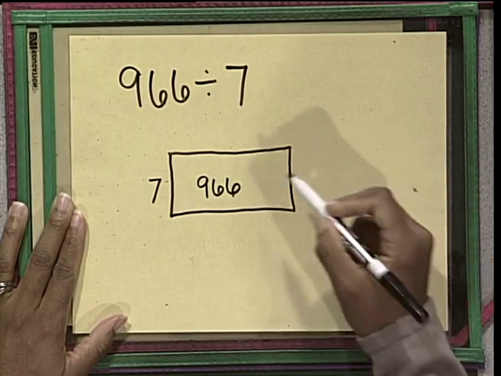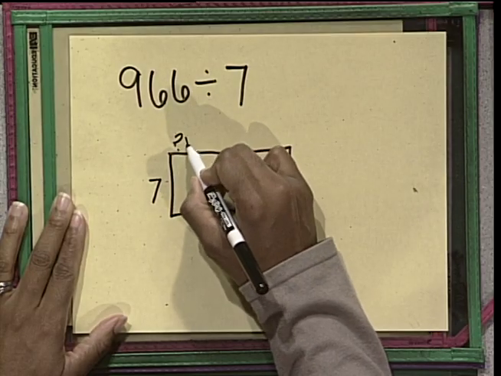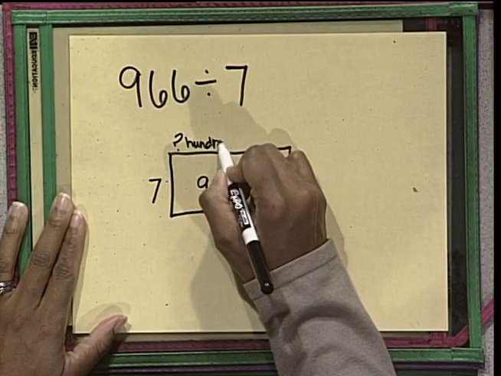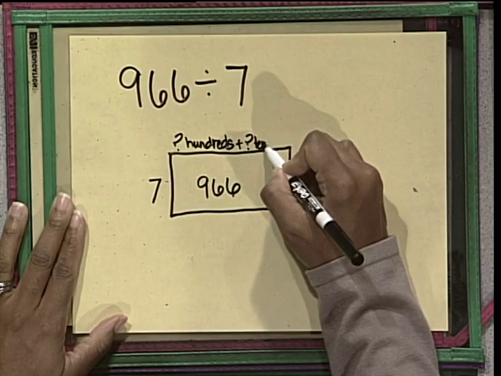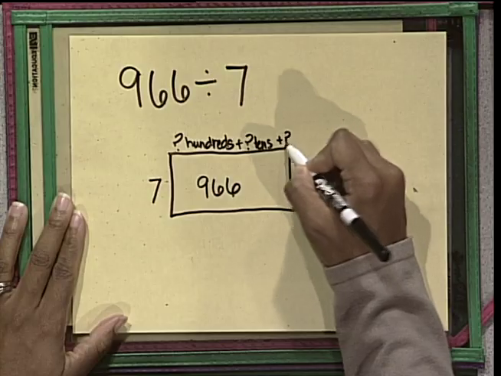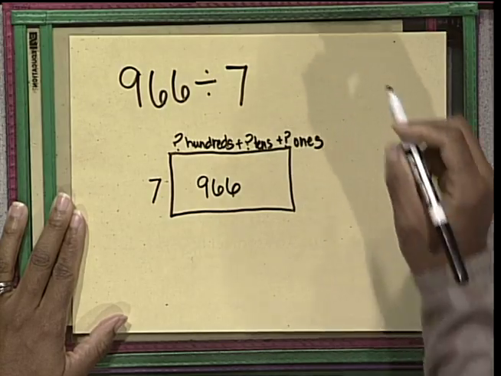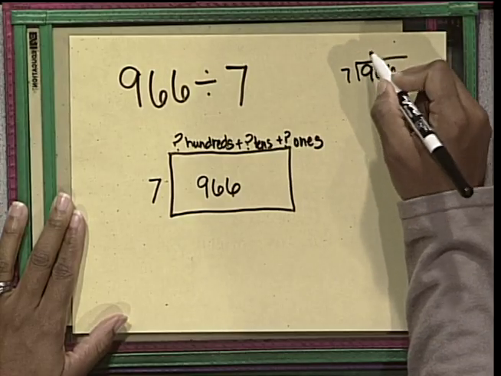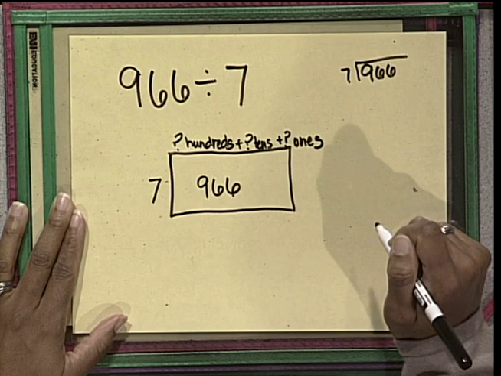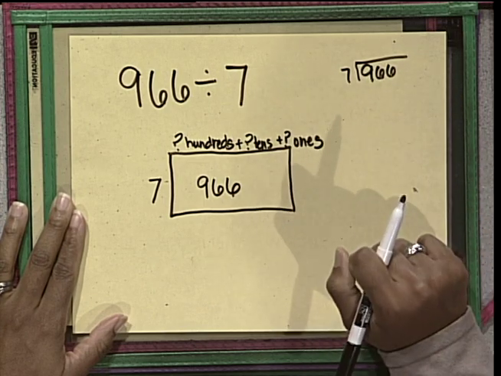What we're going to do is take that rectangle and break it up into the number of hundreds plus the number of tens plus the number of ones. So if you have trouble with the traditional algorithm where you do the subtract, bring down, I'm going to show you another strategy, and then you're going to see how both strategies will give you the same answer.